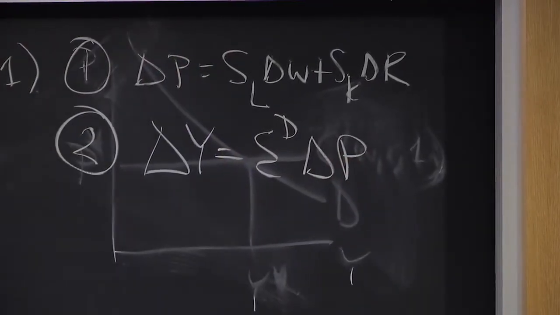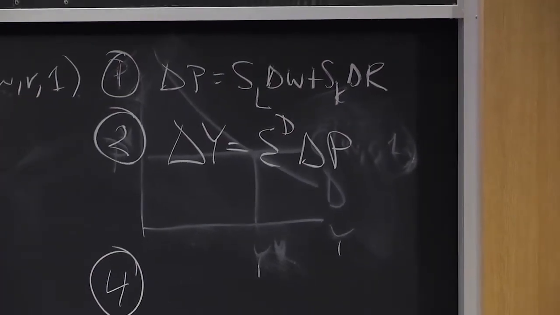That is, the change in output is going to have to be equal to the elasticity of demand times the change in the price of the product. That is, consumers are just going to move along their demand curve as product prices move. If you want to have a shift in demand, just add delta D to that if you want. But right now I'm doing it with demand fixed. What about equation 4? I'll skip to 4. How are we going to fill out equation 4?